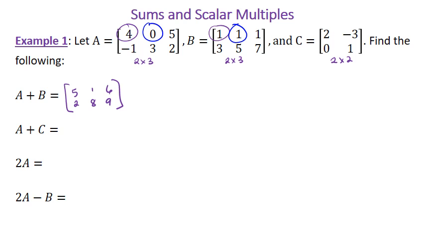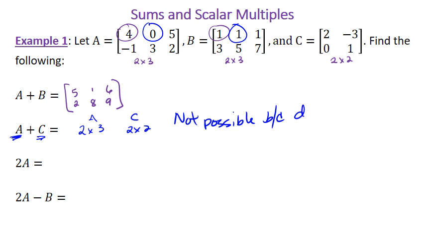Now, in the next example, I want to take matrix A and add it to matrix C. The problem is matrix A is a 2 by 3, and matrix C is a 2 by 2. This is not possible because the matrices have different dimensions.